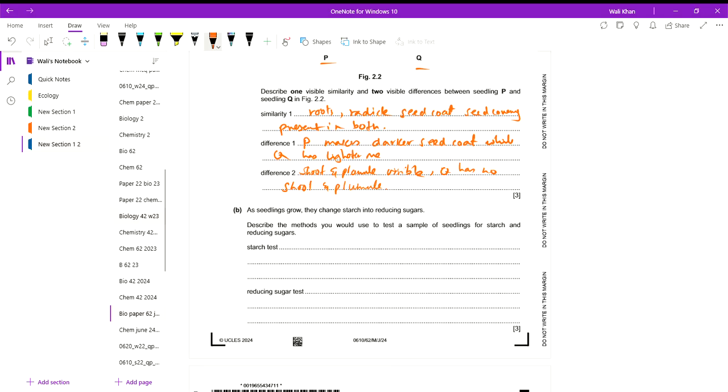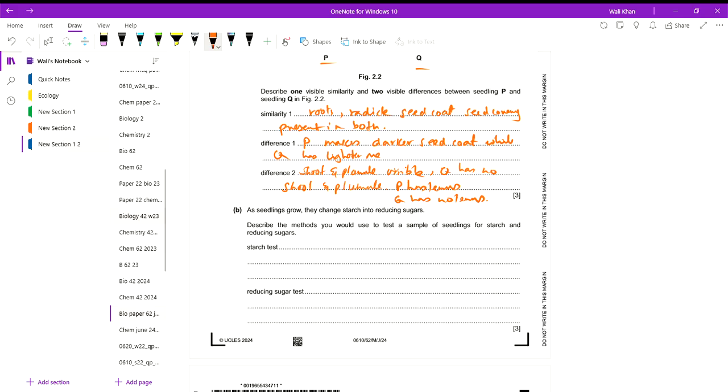You can also describe leaves. P has leaves, Q has no leaves. Then P has oval shaped seeds, Q has round seeds. So there are many differences. Which one you want to write, you can.